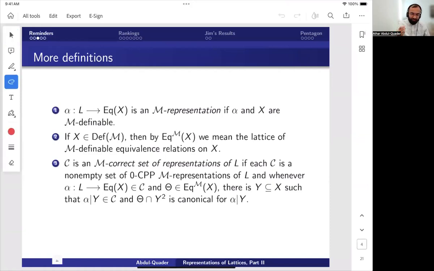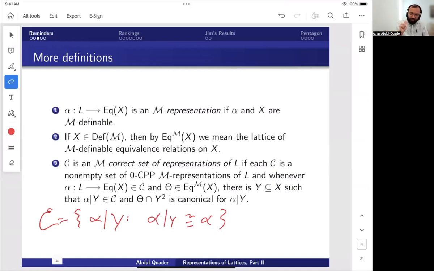In our example, this set is going to be the set of all alpha bar y such that alpha bar y is isomorphic to alpha, let's say. And this is going to be an M-correct set of representations because of this canonical Ramsey's theorem.